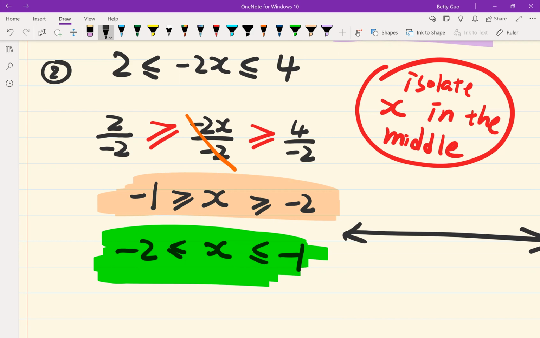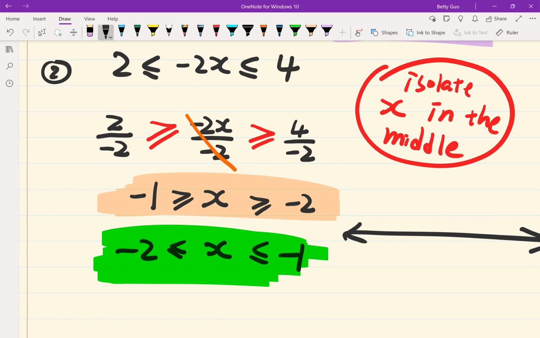So we want to follow that direction. When we look at the inequality from the left to the right, we want to go from the smaller quantity to the bigger quantity. That's the reason we like to write the left-hand side as the smaller side, the right-hand side as the bigger side. Does that make sense?